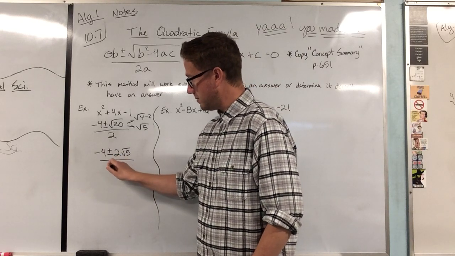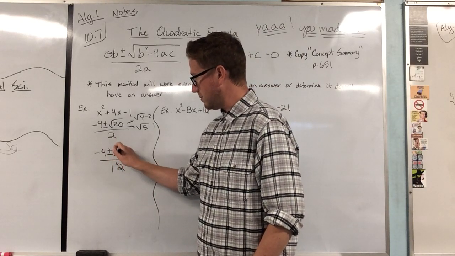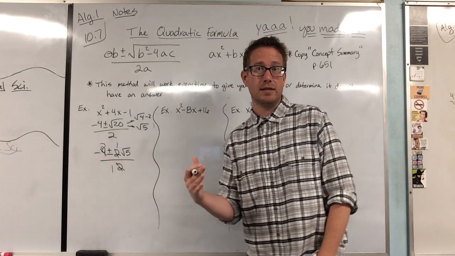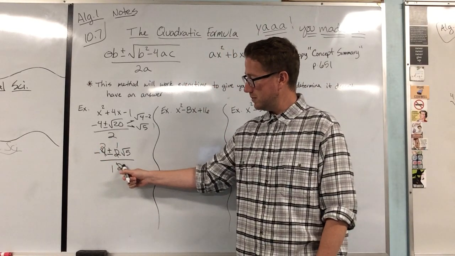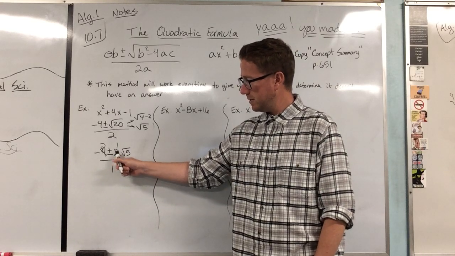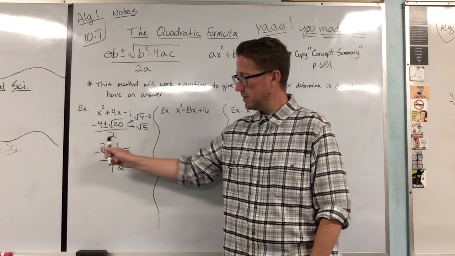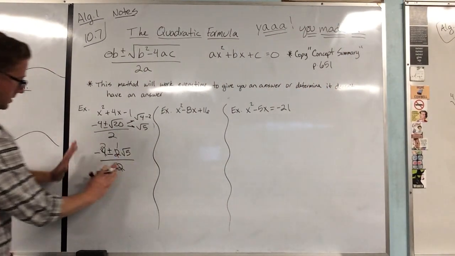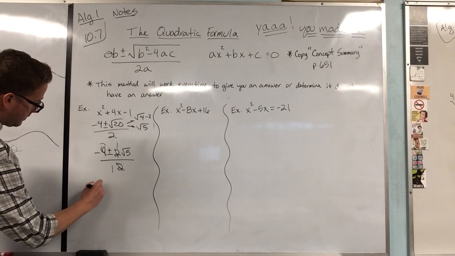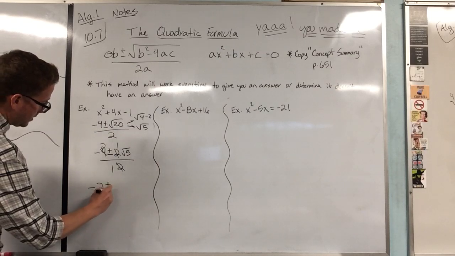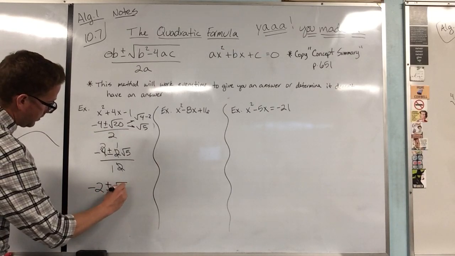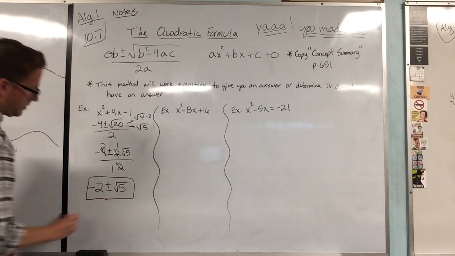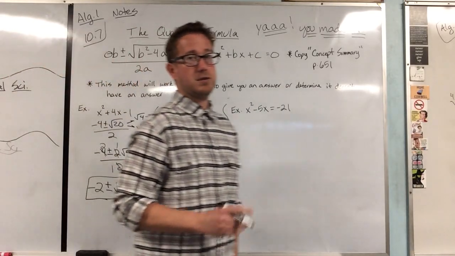So that becomes a 1, that becomes a 1, and that becomes a 2. All I did is divide by 2. 2 divided by 2 is 1. 2 divided by 2 is 1. 4 divided by 2 is 2. Okay, so now all of this is a negative 2 plus or minus the square root of 5. And that right there is your answer.